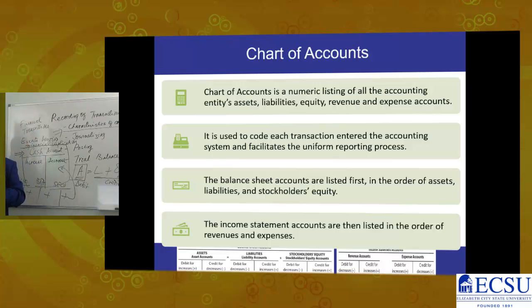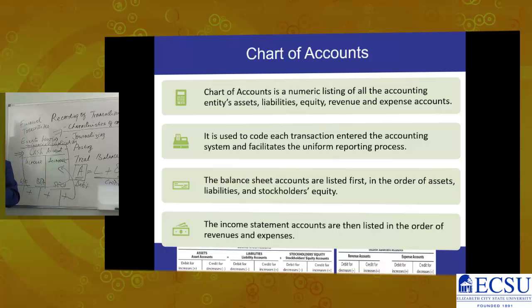Now, basically, it has become more relevant in terms of computer systems, because you want to code, and most of the accountants like to use the numerical side of the keyboard rather than the alpha side of the keyboard. Therefore, they are coded in such a way which is easier for them to locate the information and input that information.